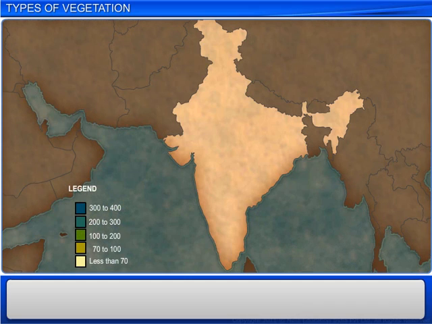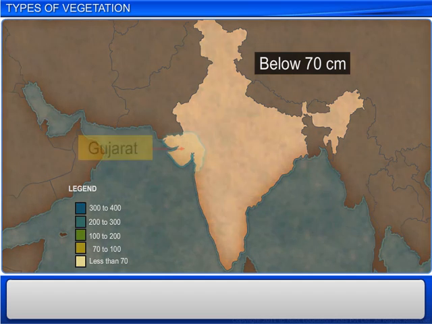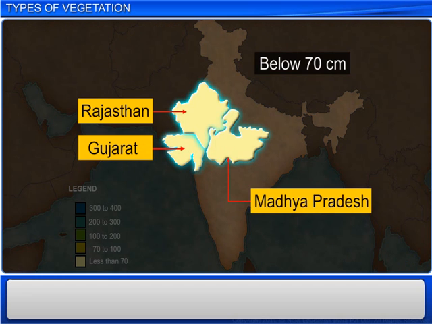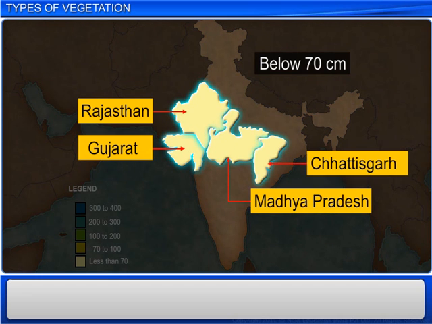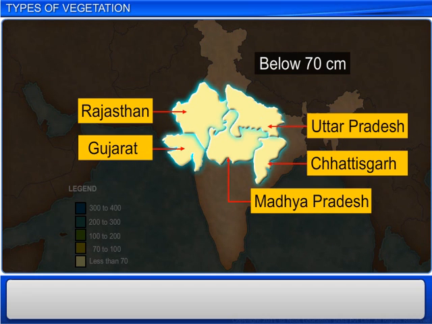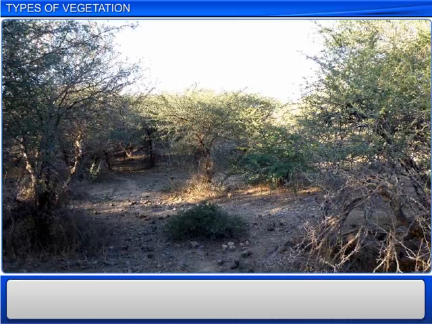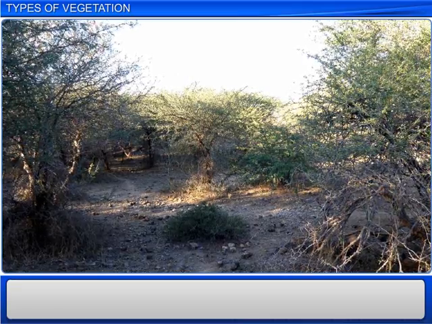These types of forests are common in regions below 70 cm of rainfall, like the semi-arid areas of Gujarat, Rajasthan, Madhya Pradesh, Chhattisgarh, Uttar Pradesh, and Haryana. The trees and plants in these regions are scattered, so the vegetation is very sparse.